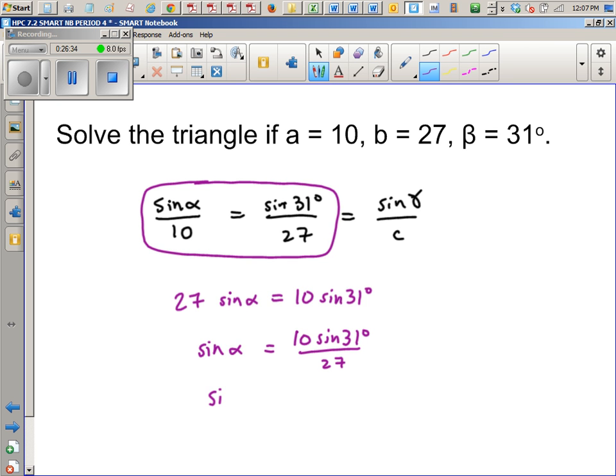Okay, let's get the calculator out and try and find 10 sine 31 over 27. I'm getting sine alpha equals 0.1908.